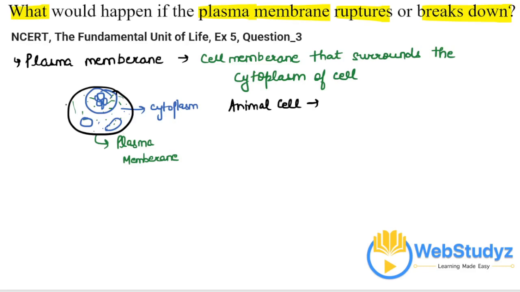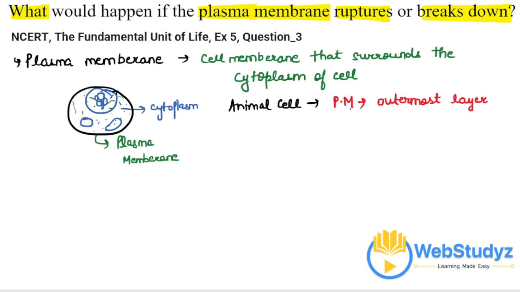So in animal cells, this plasma membrane is the outermost layer. After this, the environment will start.